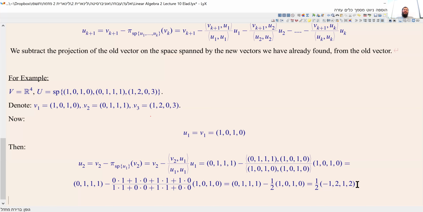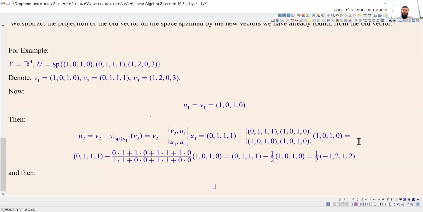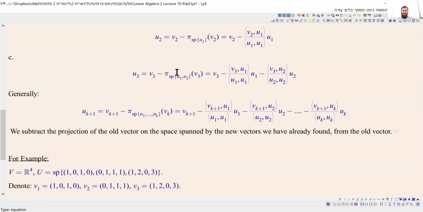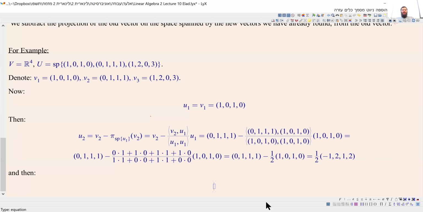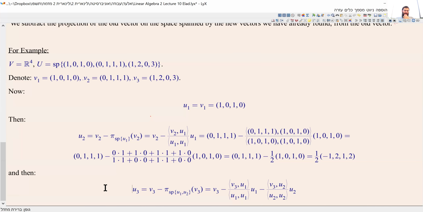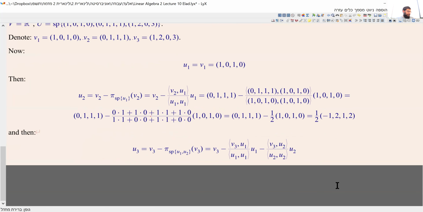First of all, example. And then after we have the second new vector, this is U2, we can calculate U3. And here I stop because we have 3 vectors in the original set. We will have 3 vectors in the new one. But it can go as far as you need.